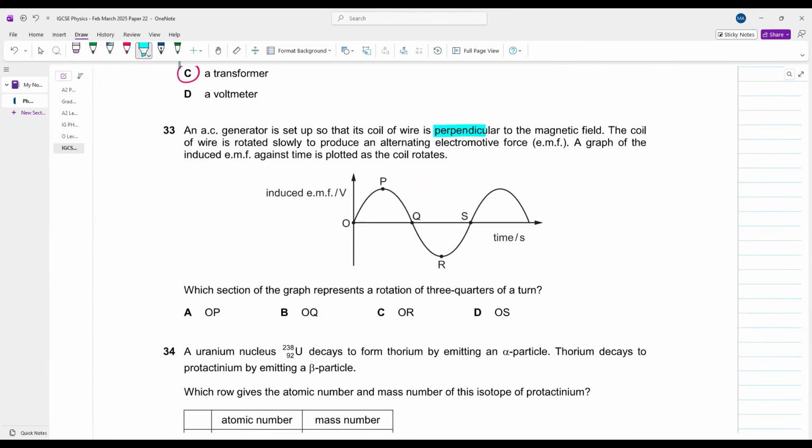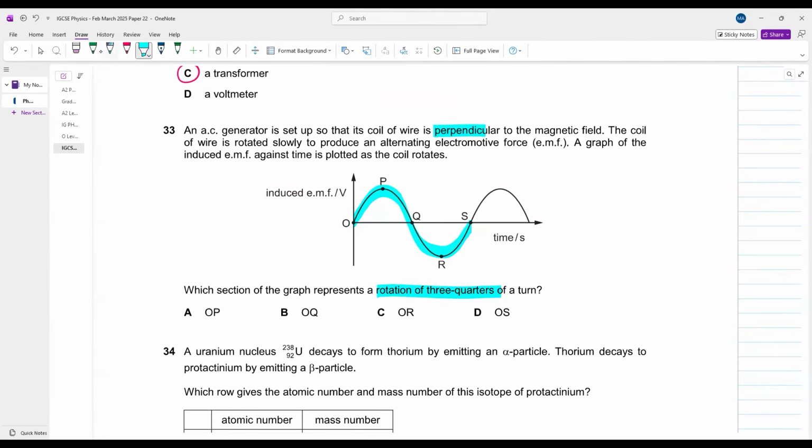An AC generator is set up so that its coil of wire is perpendicular to the magnetic field. The coil of wire is rotated slowly to produce an alternating EMF. A graph of induced EMF against time is plotted as the coil rotates. Which section of the graph represents a rotation of 3/4 of a turn? बेटा देखो, अगर आपका कॉइल एक पूरी रोटेशन परफॉर्म करेगा, this will be the EMF versus time का graph.